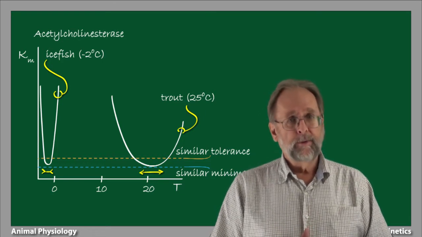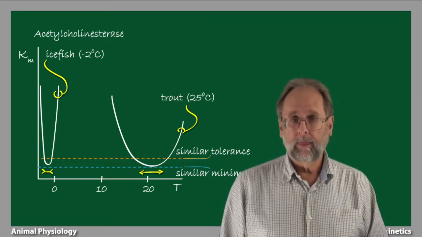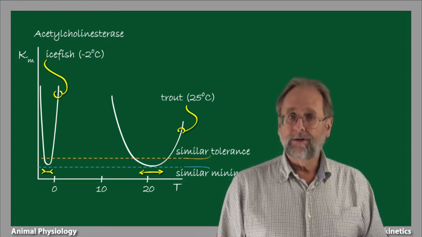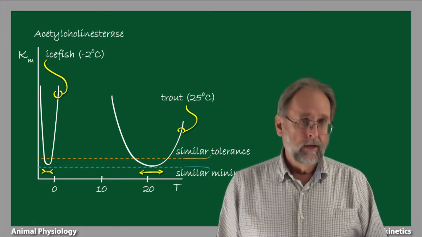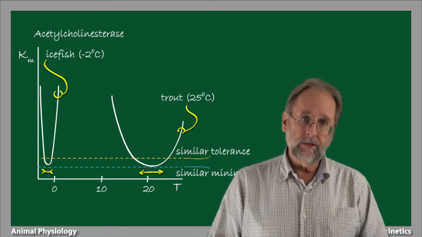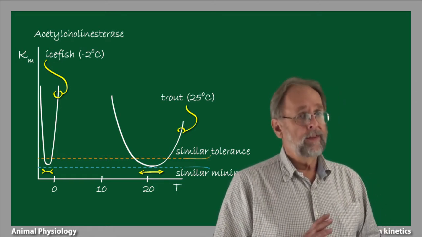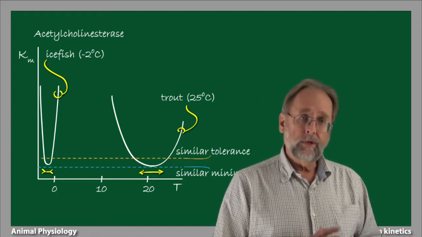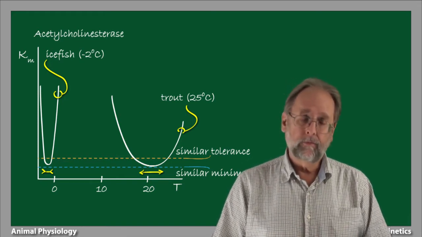There's another aspect of trout acetylcholinesterase that's worthy of mention. One of the interesting aspects of trout biology is their ability to acclimate to different temperatures. What this means is that trout that are raised around 25 degrees Celsius will be able to tolerate a range of temperatures around that value fairly well, but if you take that trout and you put it abruptly into cold water, the trout will run into trouble.